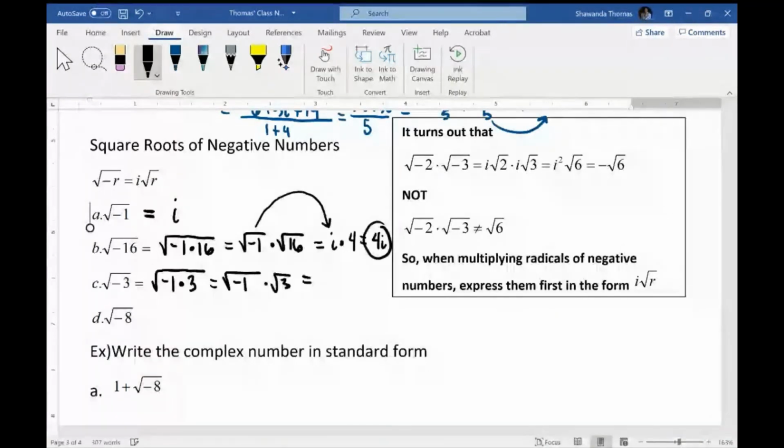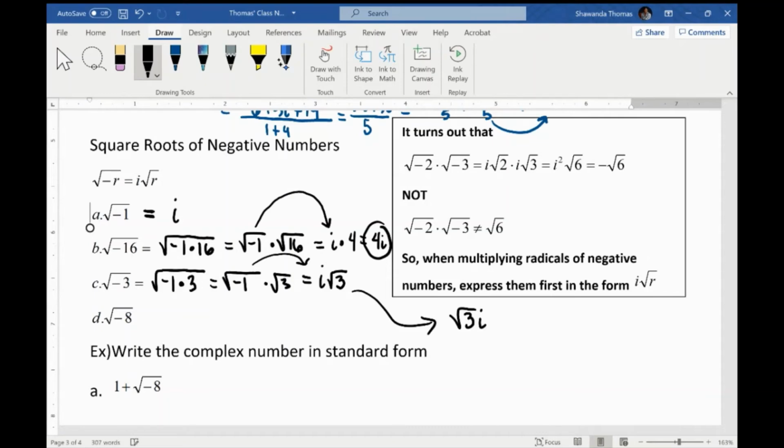Square root of -1 is what? I. Y'all are going to get tired of me asking that. Now, is 3 a perfect square? No. So we cannot break down the square root of 3 anymore. So it's I times the square root of 3. And yes, this is the same thing as the square root of 3I.